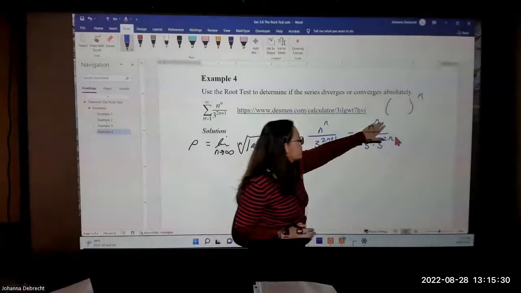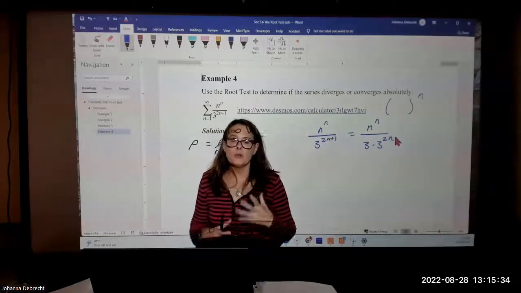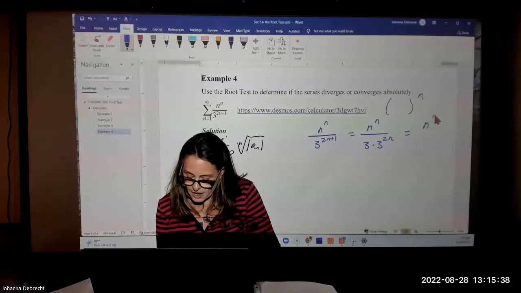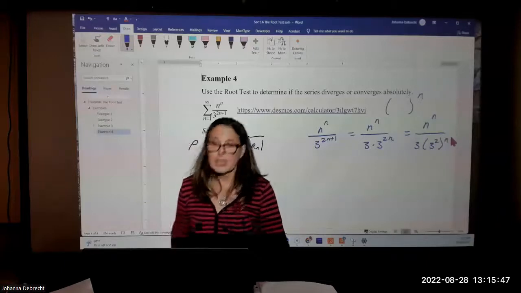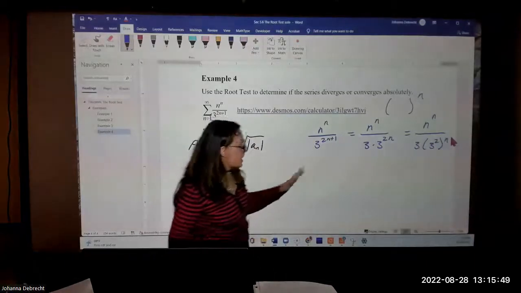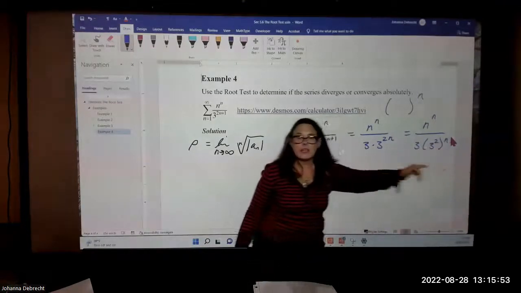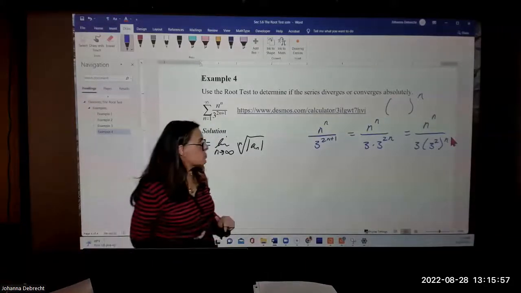So now I've got the nth power here and the 2n power here. And then we use another rule for exponents, which says that if I have one base and 2 powers, I multiply the powers. So I can write this as 3 squared to the nth, all right? Again, I've got one base 3 and 2 powers on it, the 2 and the n. So that would give me 3 to the 2n, which is back to what I had before.